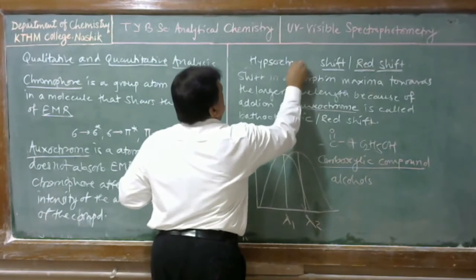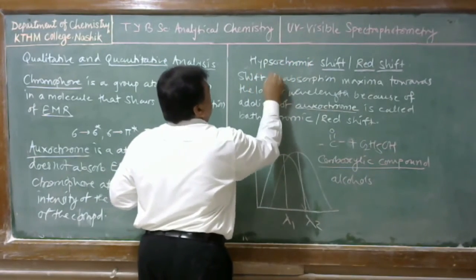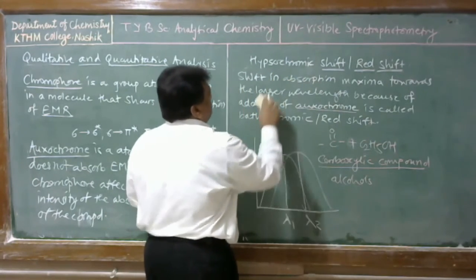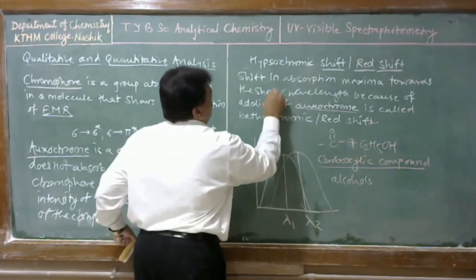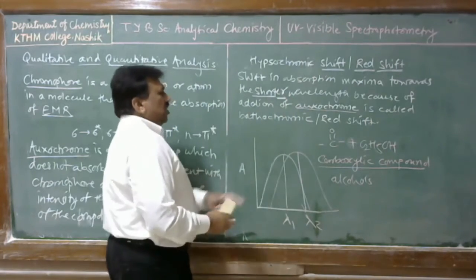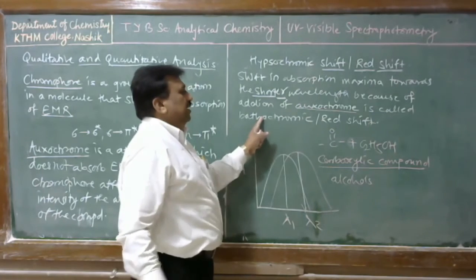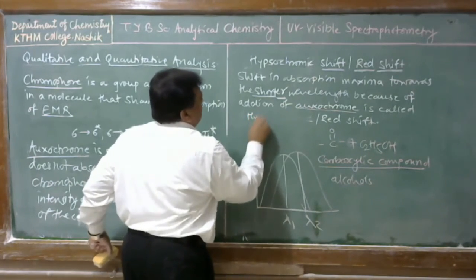Hypsochromic shift, that is shift in absorption spectrum towards the shorter wavelength, because of addition of oxochrome, is called a hypsochromic shift.